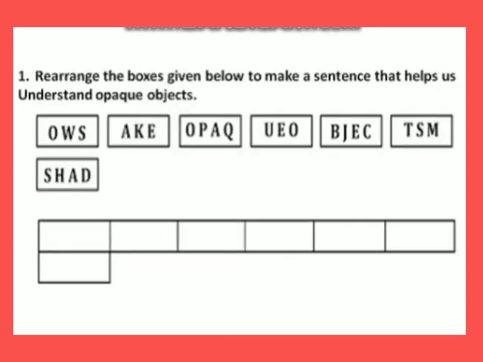Question 1. Rearrange the boxes given below to make a sentence that helps us understand opaque objects. You can see there are some boxes, and you have to rearrange them and make a sentence.